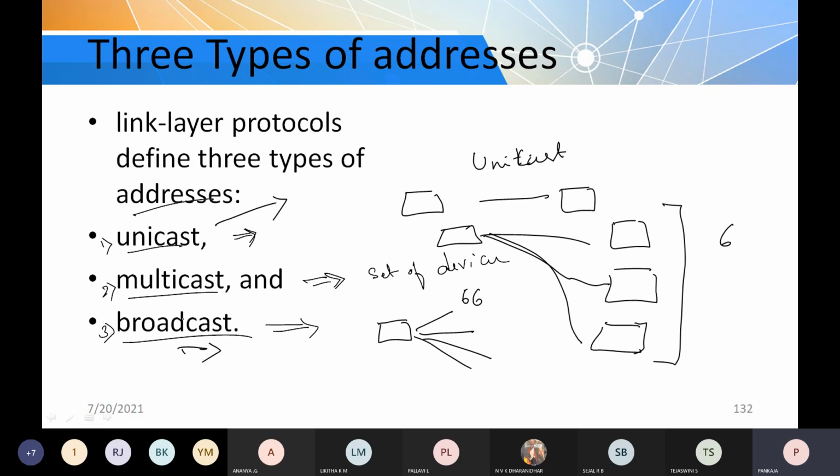You need to understand the concept with a real-time example so that you can remember it properly. Unicast means directly from me to a particular student, multicast means to a set of students, and broadcast means to everyone who belongs to the 4th semester.